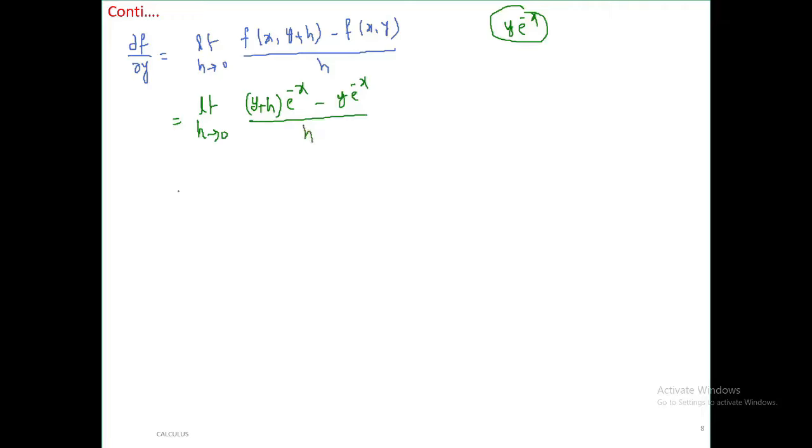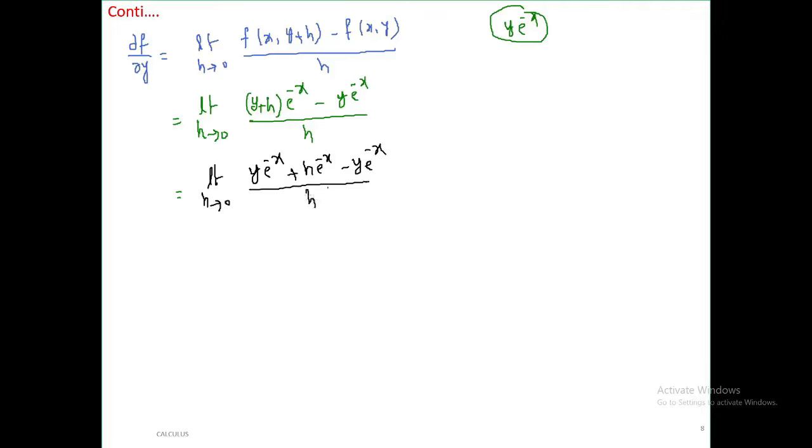So limit h tending to 0, y into e power minus x plus h into e power minus x minus y into e power minus x, whole upon h.